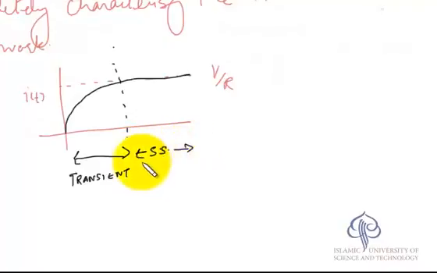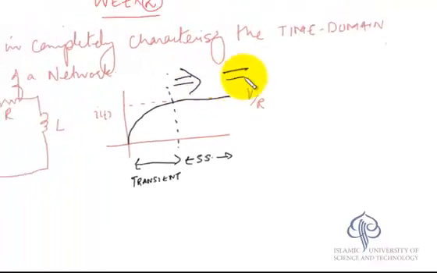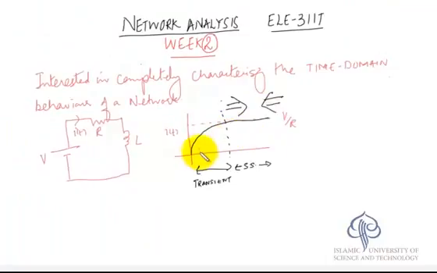So what we have done till now in simple DC circuit analysis is we have found out the steady state behavior of this circuit. So we were analyzing the circuit only for the steady state response. Now we are also interested in this part of the course to find out the transient response of the system. So we want the complete time domain characterization of the network.